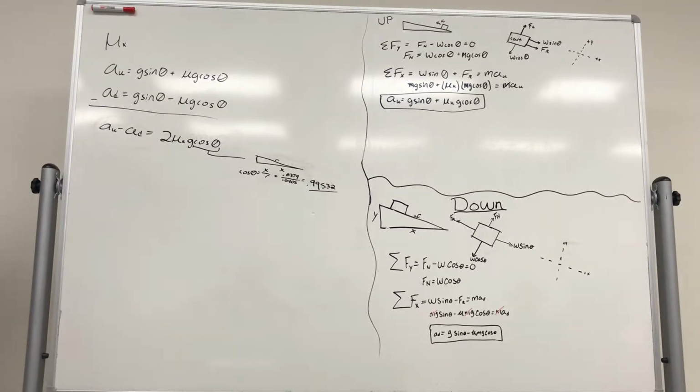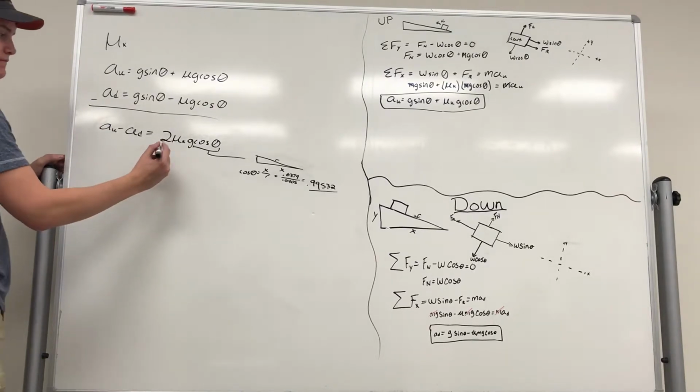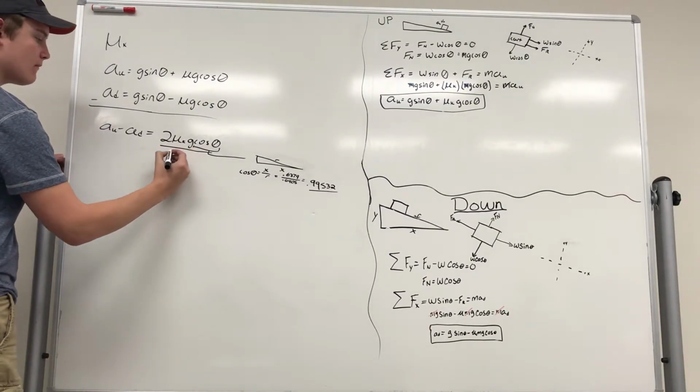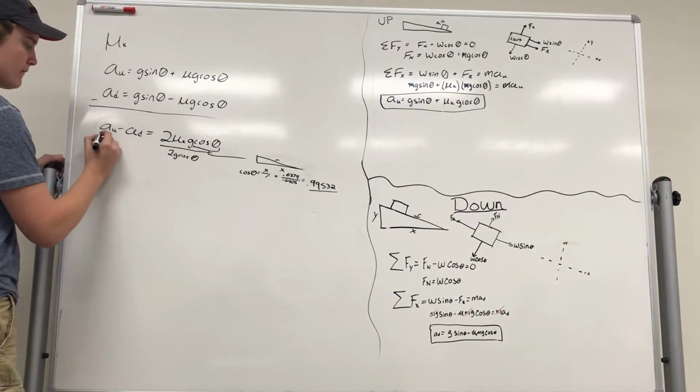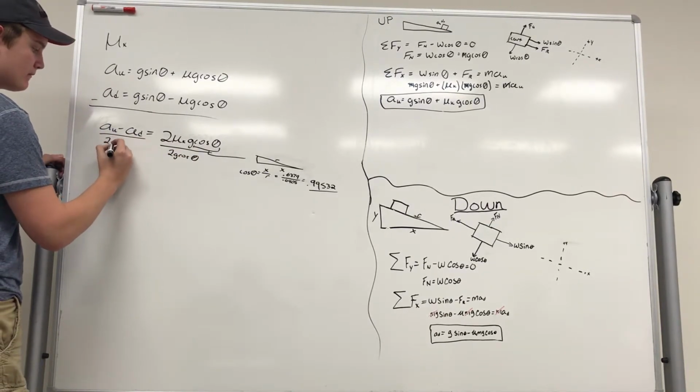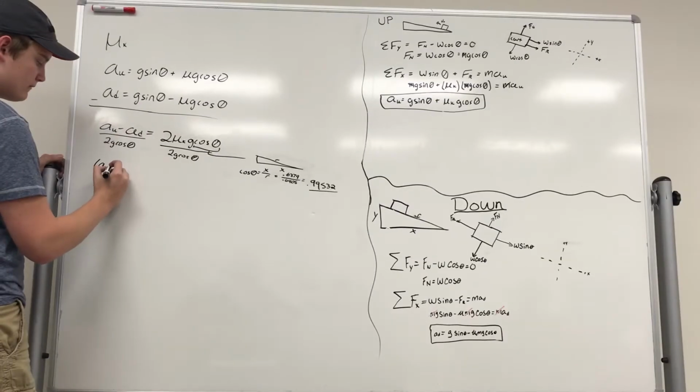So in order to find the coefficient of kinetic friction, we need to isolate mu by dividing by 2g cosine theta. And whenever we do that, we'll get AU minus AD over 2g cosine theta.